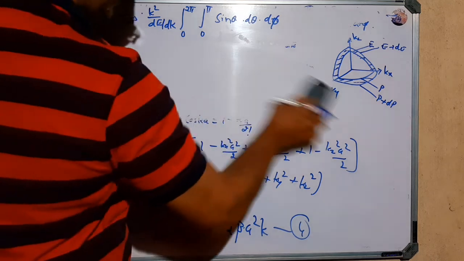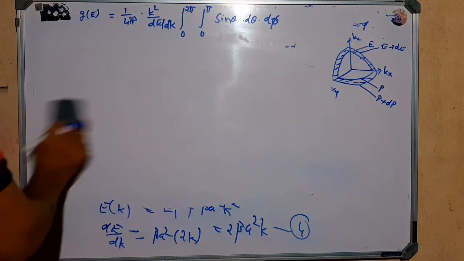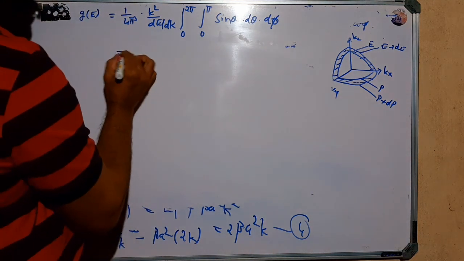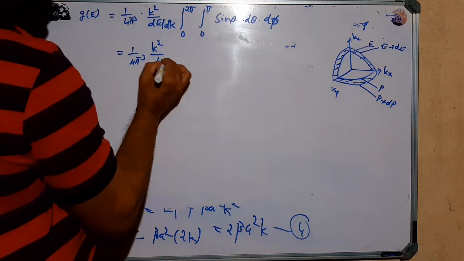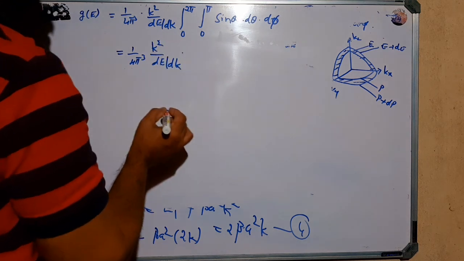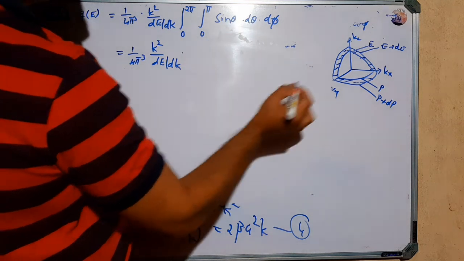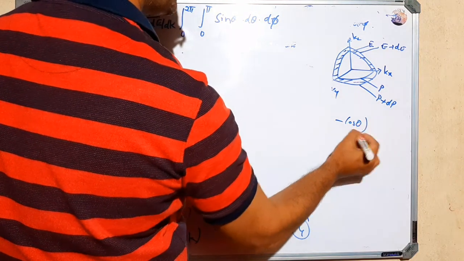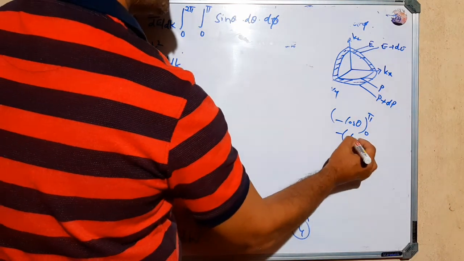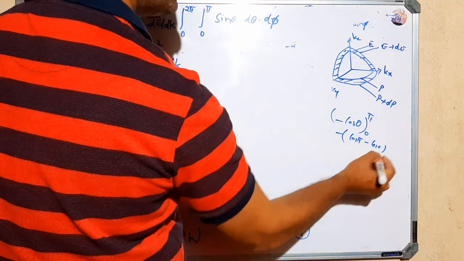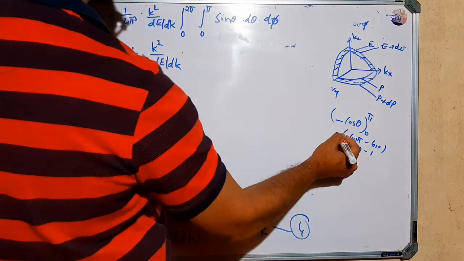So now integrate this. This is equal to 1 by 4 pi cube k square into dE by dk into, see here, the integration of sin theta is minus cos theta, limit from 0 to pi, right, minus into cos pi minus cos 0, minus into minus 1 minus 1, minus 2, minus 2 into minus, plus 2, right.